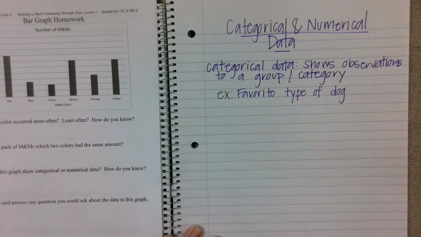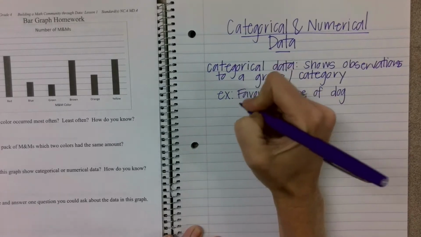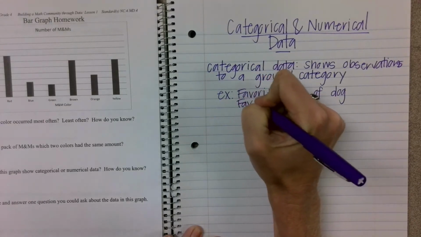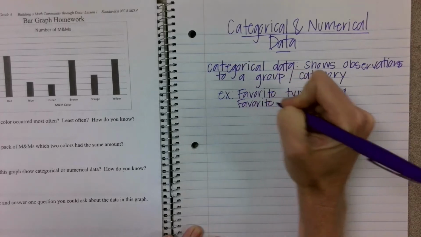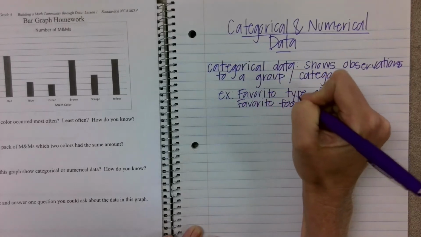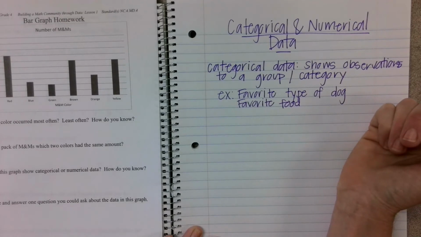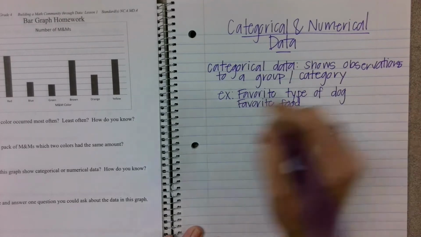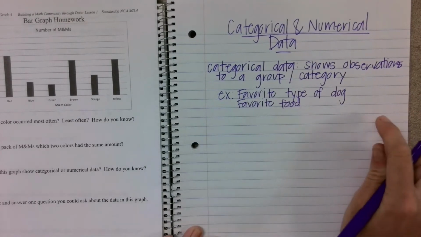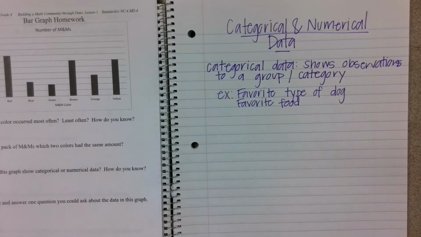They are a category. So we can put favorite food. So we can try to think of some more categories. Favorite type of book, favorite sport, any of the morning meeting topics we have done where your answer is not normally a number, okay?